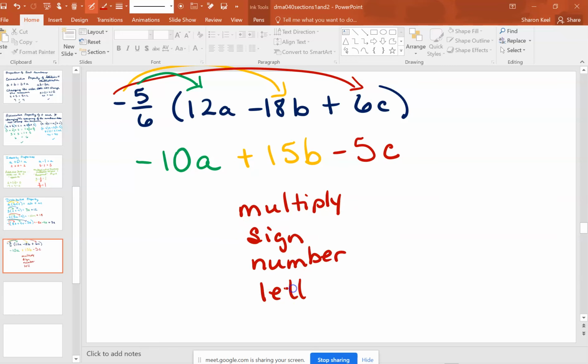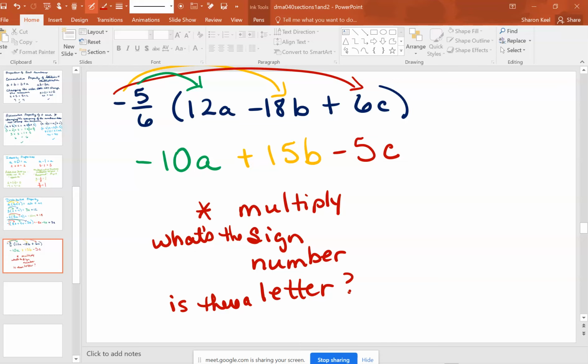And then, is there a variable? Is there a letter? So you're going to multiply. Ask yourself, what's the sign? Write down the number after you've multiplied, and is there a letter? If there is, you include it. If there's not, then you don't use one. And that would be it.